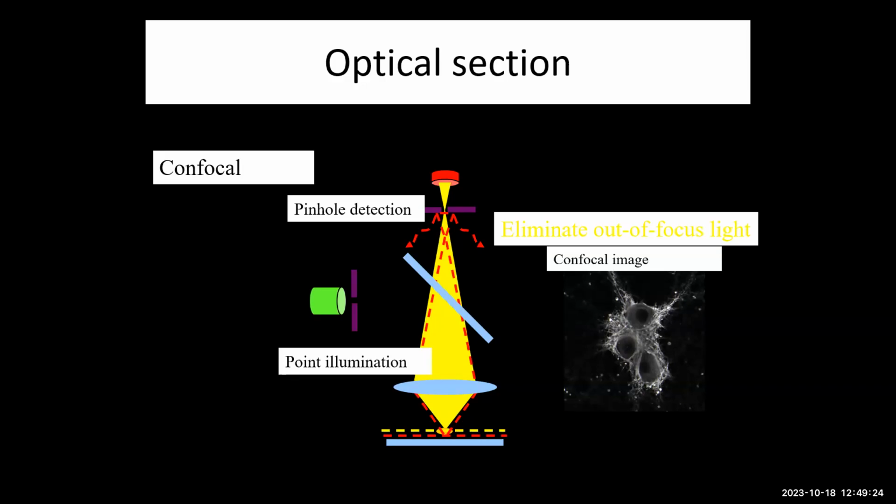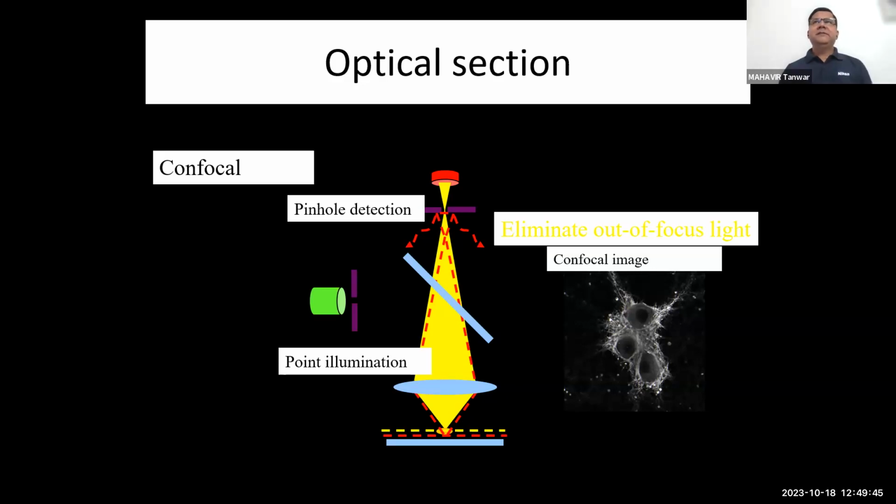For students' benefit, I would just ask you one question. What happens if we put a pinhole in a fluorescence microscope? Does it become a confocal? Absolutely, it's a very good question.